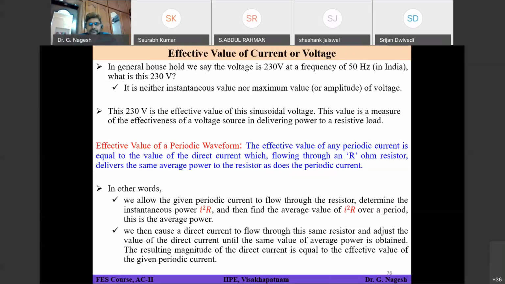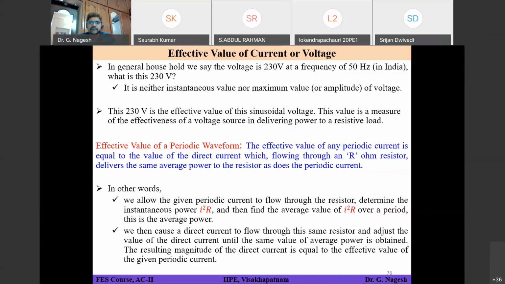So whether it's an instantaneous value or not. Sir, maximum value, sir. Okay, let's see whether it's a maximum value or not. In general, the voltage which is coming in India to a single phase system is 230 volts, and the frequency is 50 hertz.